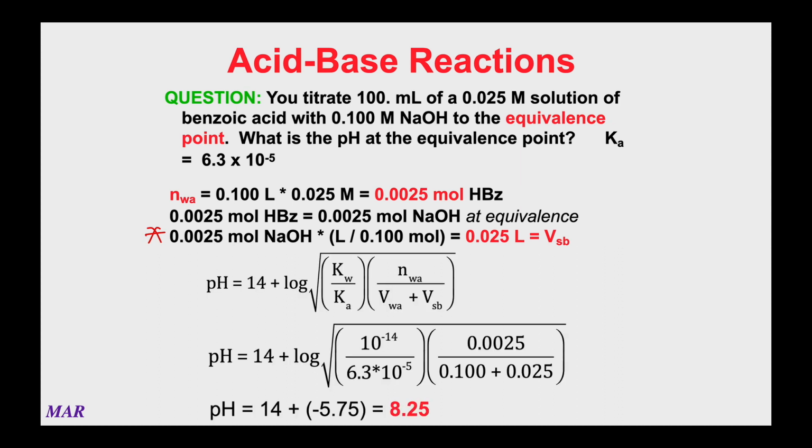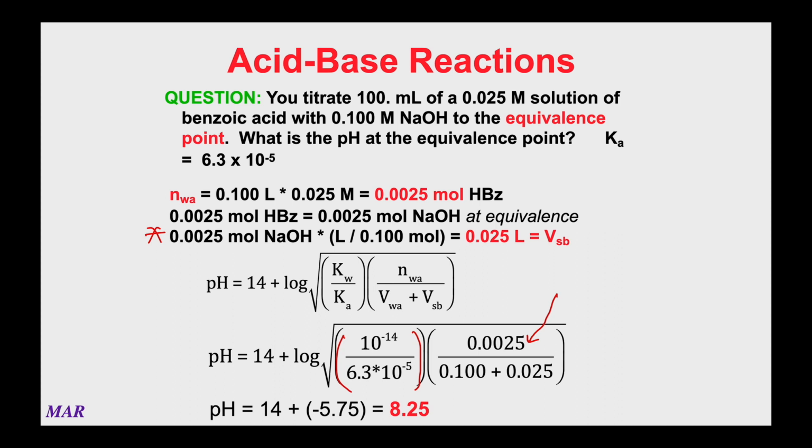pH at this point is like the pH of a weak base, 14 plus log square root Kb times Cb. We never talked in this problem so far, as you can see, about Kb, but we do have Ka. So Kw divided by Ka is what I put in right there, and that's what the Kb part is. Now, on the other side, the concentration of the base, all of the weak acid has been turned to a weak base, so that's why we're reusing the moles of weak acid number.